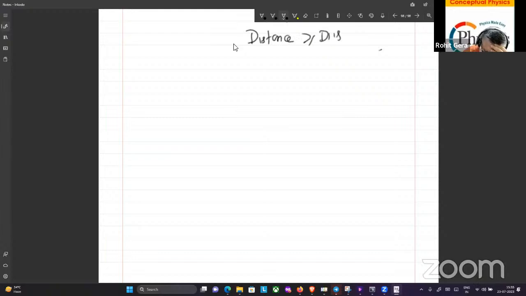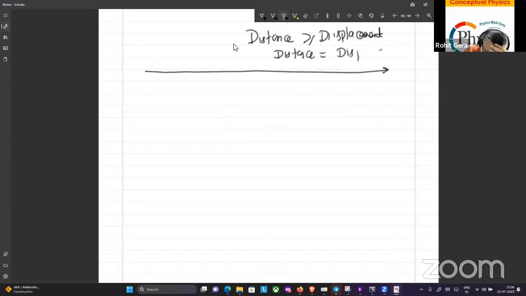In the worst possible scenario, you will have distance equal to displacement in a straight line motion. Specifically, if you are just going straight and there is no turning back, you will have distance and displacement always equal, which is what we studied in class 9th also.